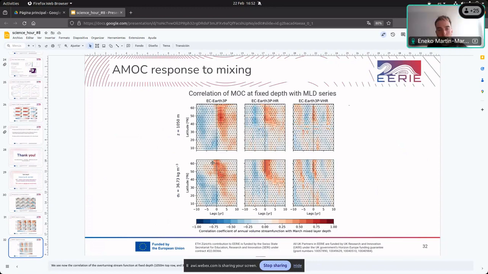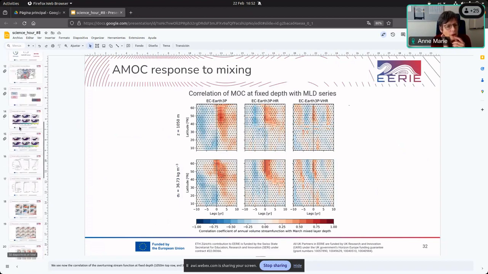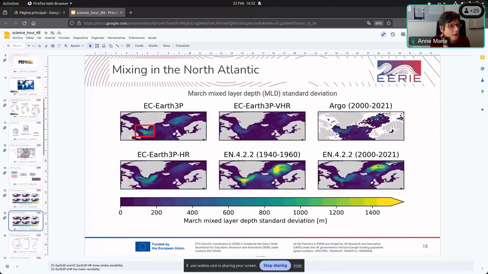I have another question. Could you go back to your first plots, the one about the standard deviation of the mixed layer depth? I was really surprised that the very high resolution model has a smaller standard deviation than the low resolution, because both have more or less the same kind of mixed layer itself, right?